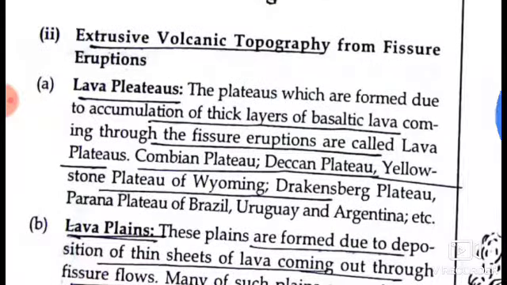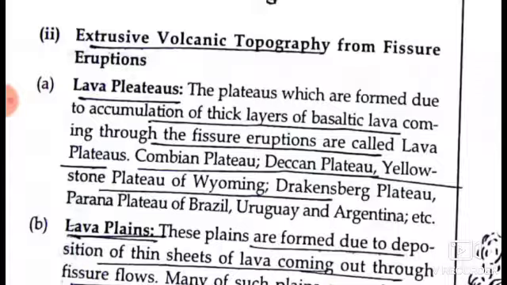Extrusive volcanic topography from fissure eruption: lava plateaus. The plateaus formed by the accumulation of thick layers of basaltic lava coming through fissure eruptions are called lava plateaus.